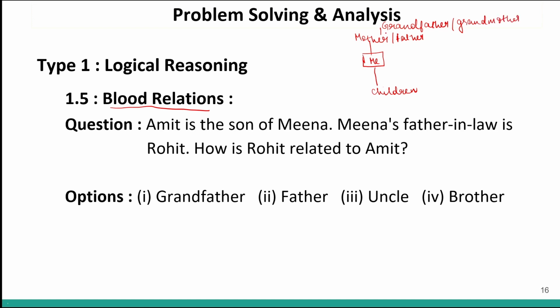This is how it works. The generation of my mother and father will also have my uncles and my aunts. Correct? The siblings of my mother and father. Then I will have siblings, that is one relation in my generation, or I can have my spouse. Correct? Two relations. Now, my spouse will also have their parents, mother and father.